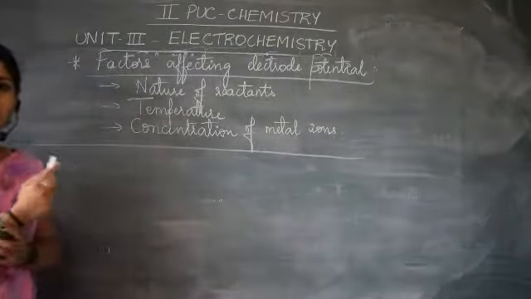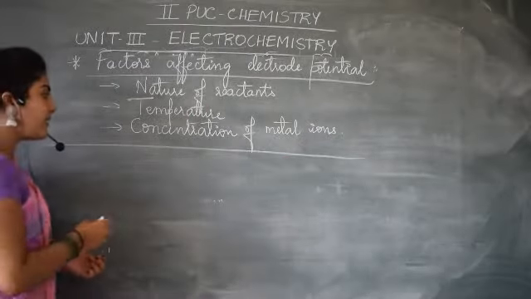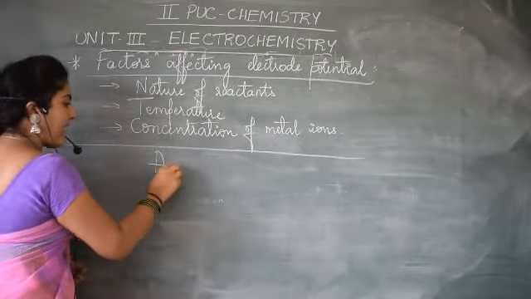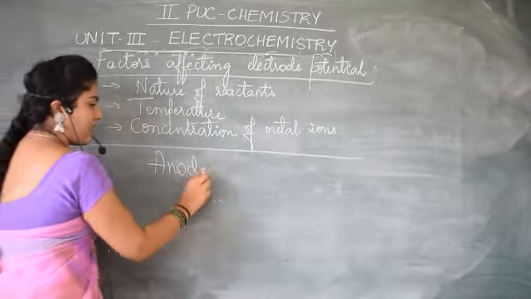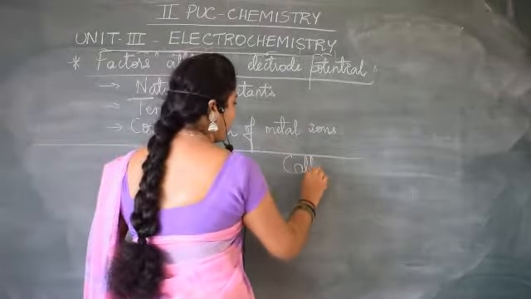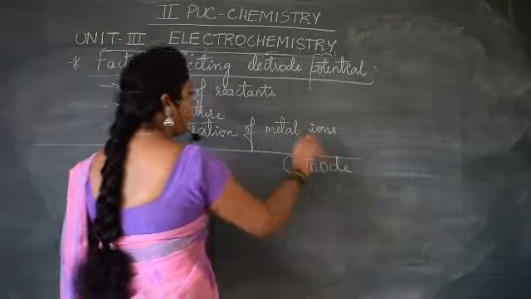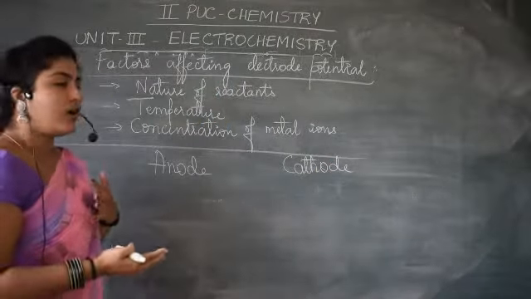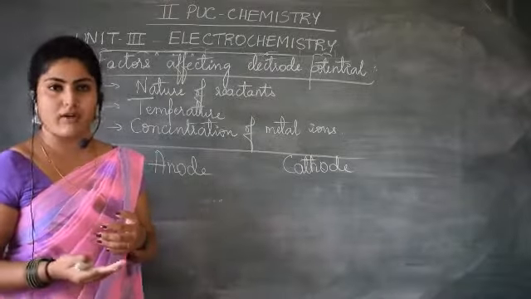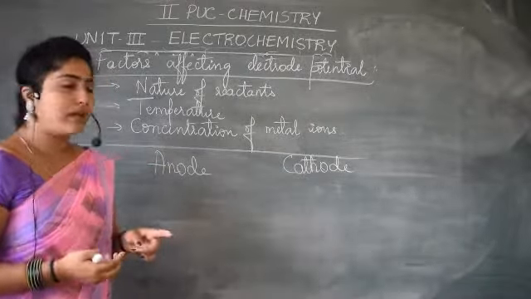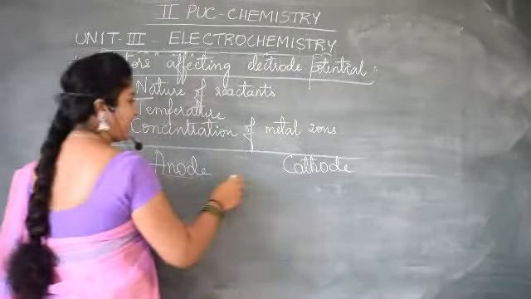Next point that you have to keep in your mind is anode and cathode. We have spoken about this. So you know the sign convention in the case of voltaic cells and electrolytic cells. Always remember, I keep on telling this, isn't it?